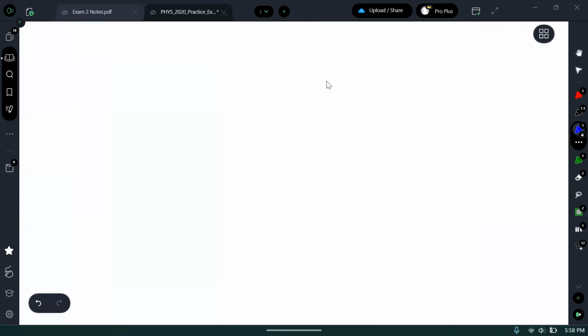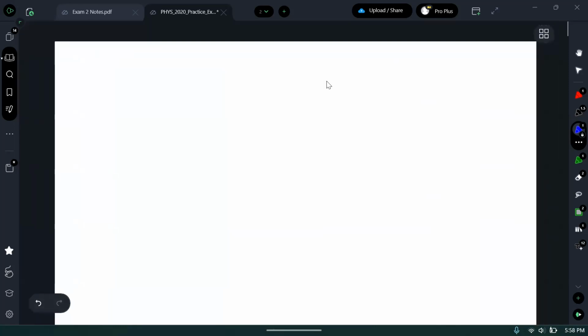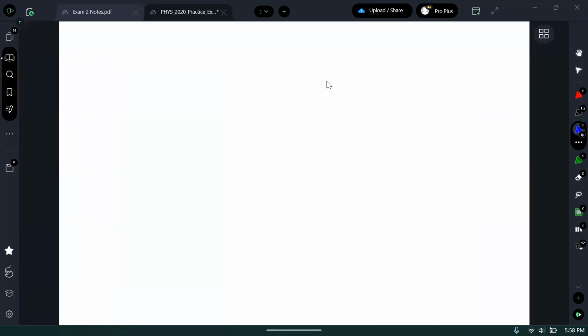So first, there's nothing wrong with examples on a cheat sheet because they can remind you how to do a problem, but they should not be, in my opinion, the main thing on the cheat sheet. And my reasoning for that, I think examples are a trap.